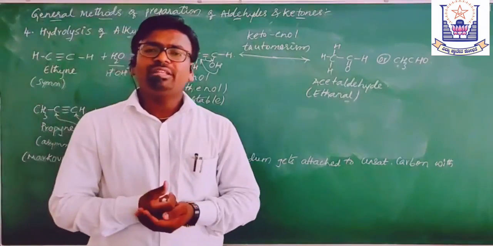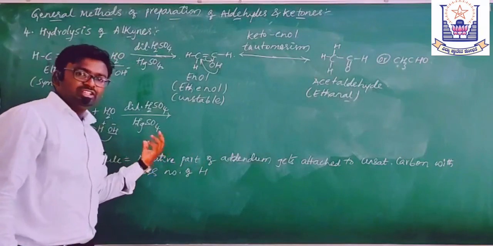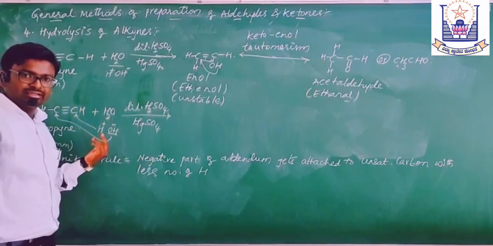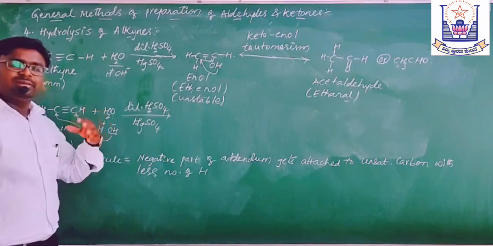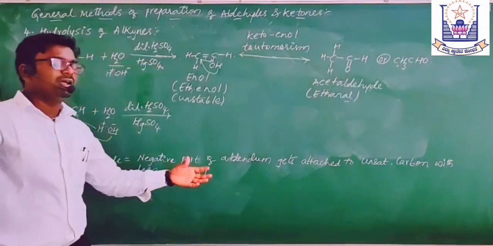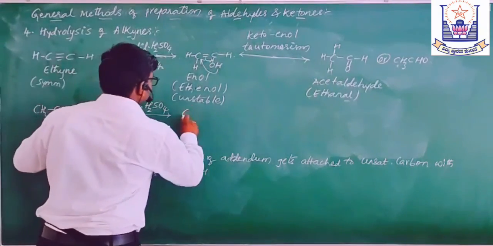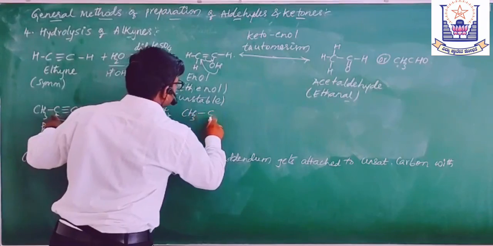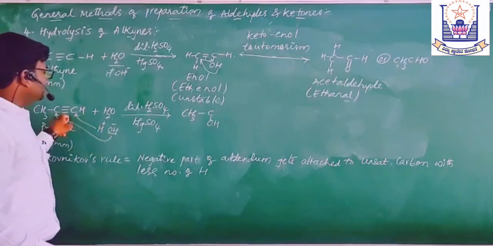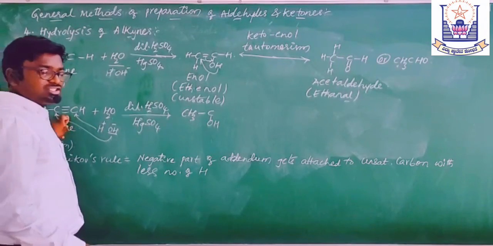What is the importance of Markovnikov's rule? During the addition of a reagent to an asymmetrical reactant, the stable product can be predicted by using Markovnikov's rule. Here we will get CH3-C(OH)=CH2, and the triple bond is converted into a double bond during addition reactions.